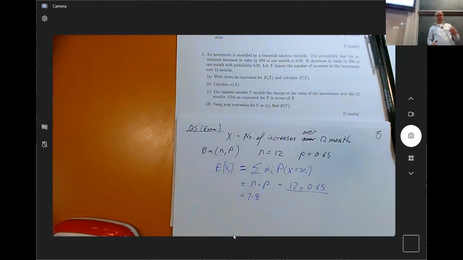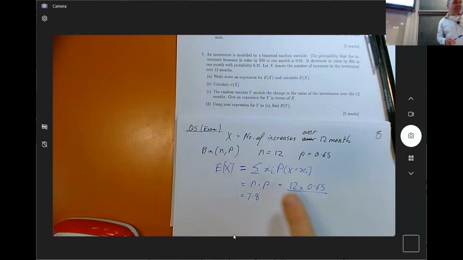So this means that I expect to have 7.8 increases over that time period.